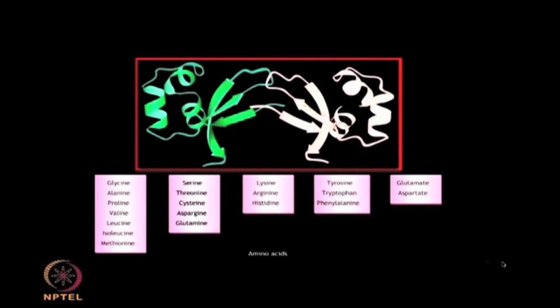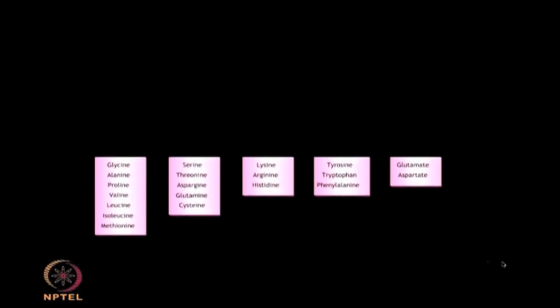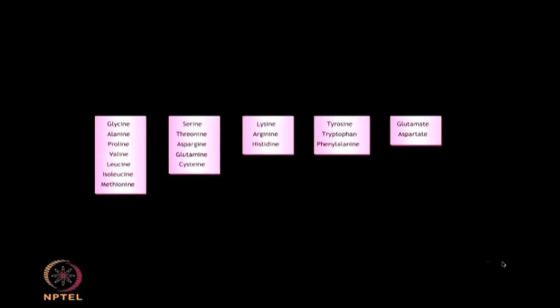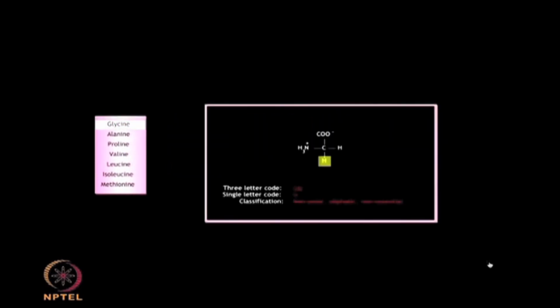Polarity of the side chain is one of the main bases for the classification. Amino acids having nonpolar aliphatic side chains include glycine, alanine, proline, valine, leucine, isoleucine and methionine.